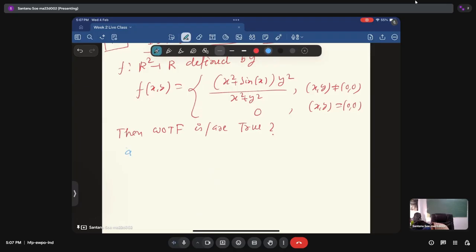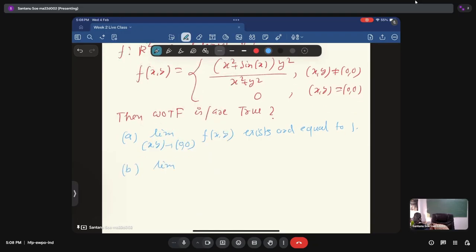The first option is limit (x, y) tends to (0, 0) of f(x, y) exists and equals 1. The next option is limit (x, y) tends to (0, 0) of f(x, y) exists and equals 0.